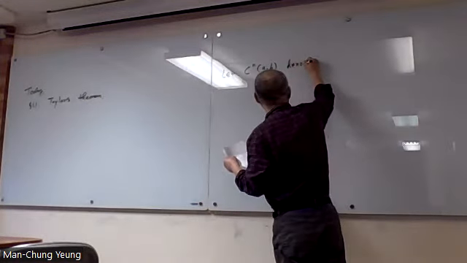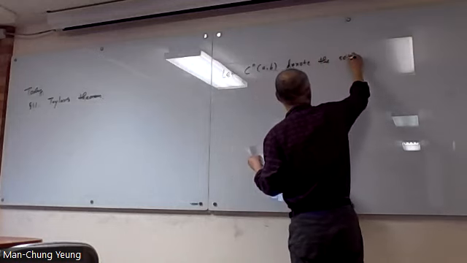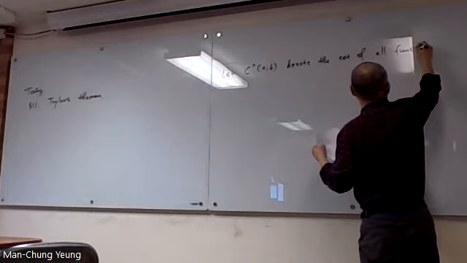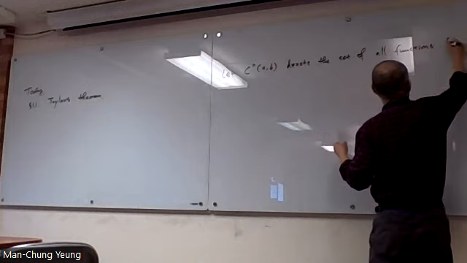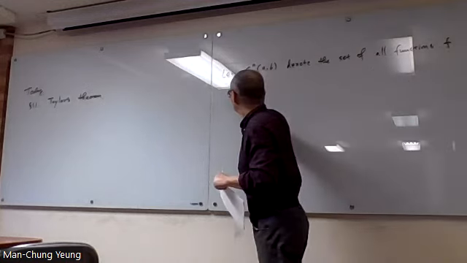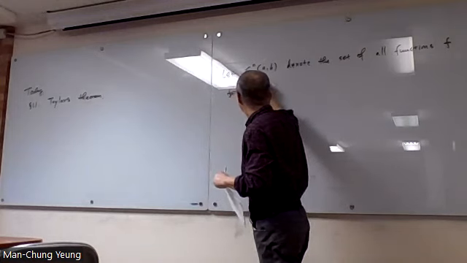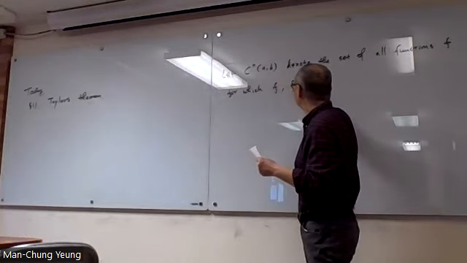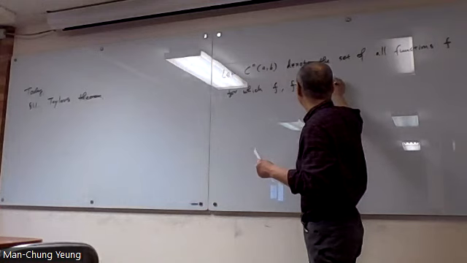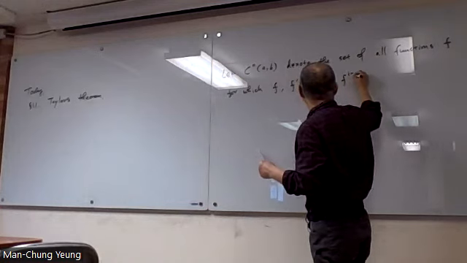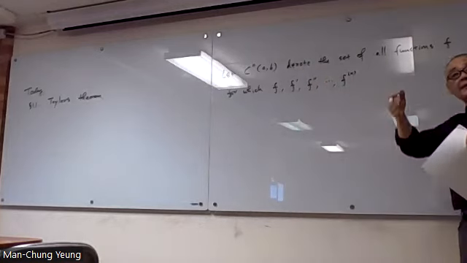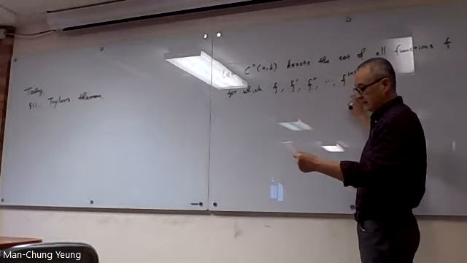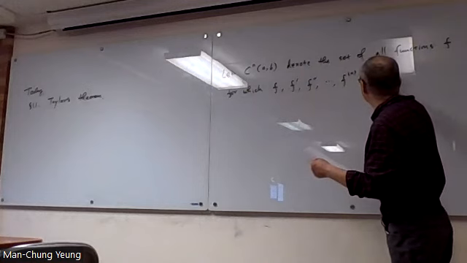Let this notation denote the set of all functions f for which the function f and its derivative, second derivative, and so on, until the derivative of order n, taking the derivative n times, are all continuous.